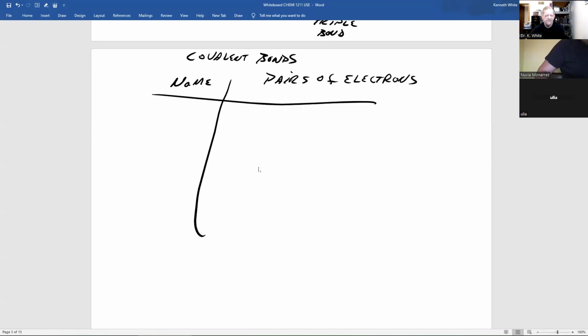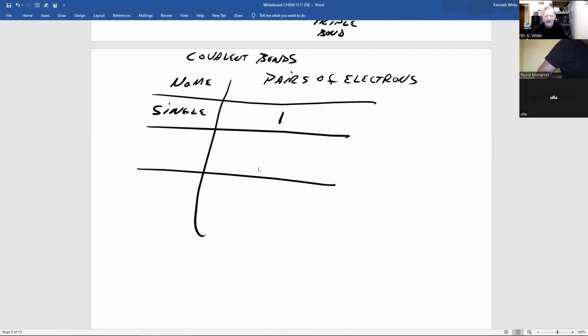Instant table. And the first one is a single bond. That's the first covalent bond, and that has one pair of electrons. Remember, a pair means two.